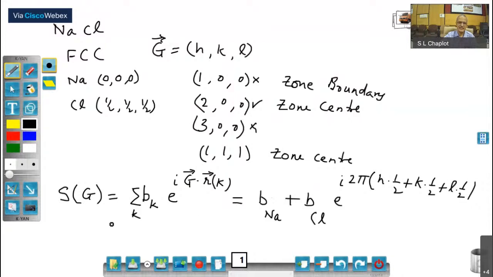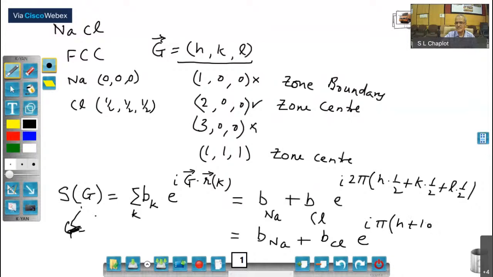Here G is equal to HKL. So this is nothing but b_Na plus b_Cl times e to the power i pi (H plus K plus L). Okay, so that is the structure factor for a Bragg reflection.